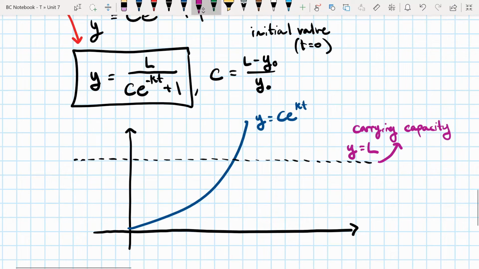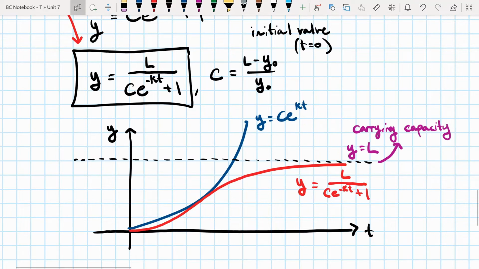And so what the solution of a logistic differential equation will look like is, instead of just trailing off upward forever, it will go up, and then it will level off at this carrying capacity. So this is y is equal to L over c e to the negative kt plus 1. Okay, so the solutions are different. So this is going to be y over here, and this is t.